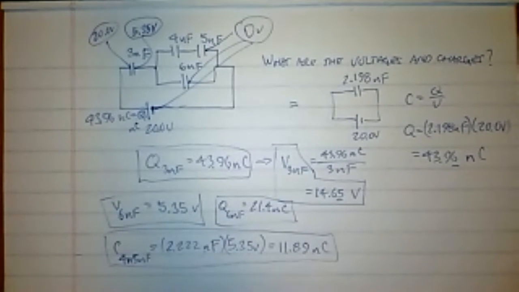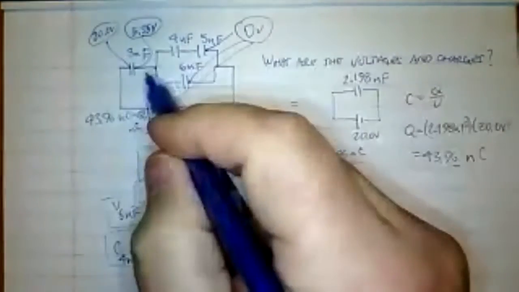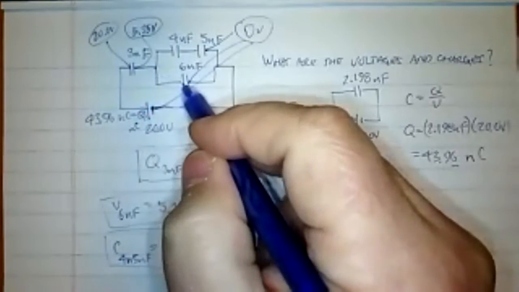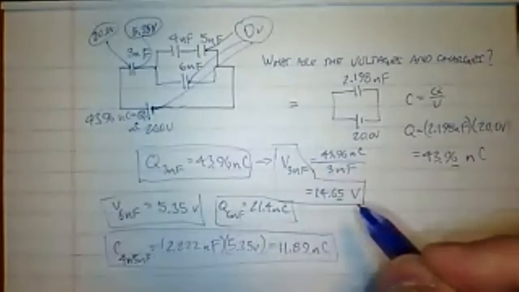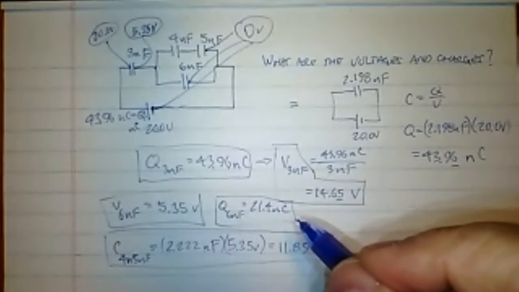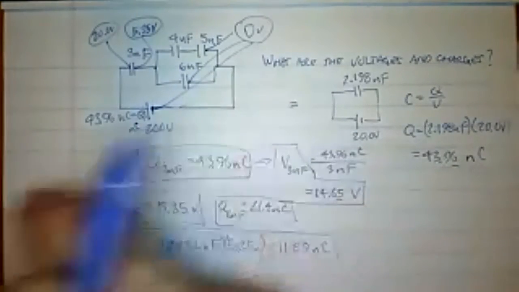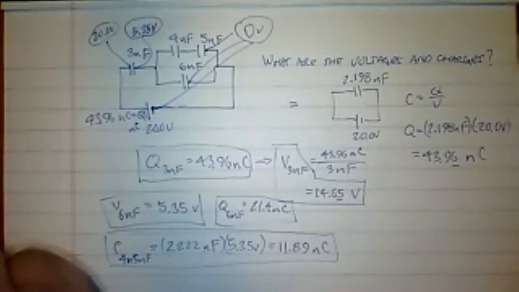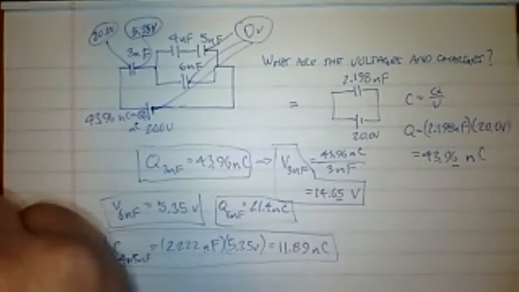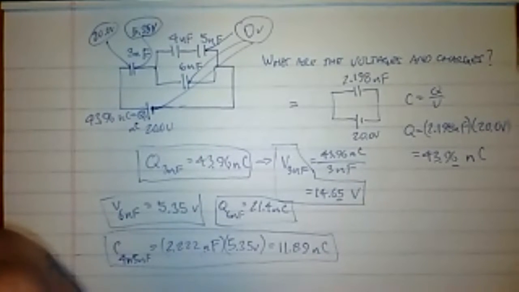Now, in theory, though, what we know is 43.96 nanocoulombs had to go to this guy and this guy. We just calculated that 21.4 is going to go to this guy. What will we get if we did 43.96 minus 21.4? That should give us 22.56.